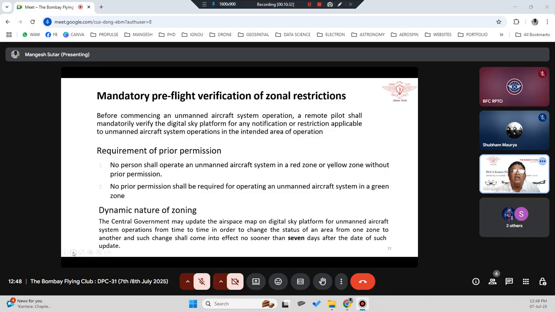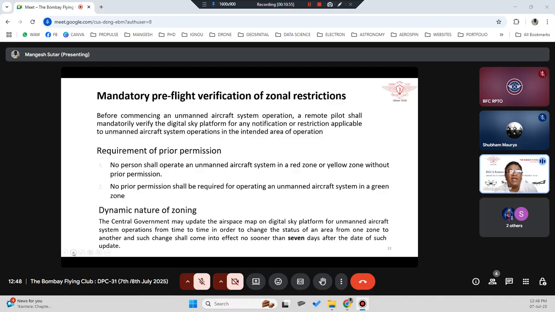Even in a green zone, there are restrictions depending upon where you are flying. For example, my resort belongs to a green zone, but that doesn't mean anybody can come to my resort and fly a drone. Even villages belong to a green zone, but you can't fly a drone there without permission. So if you are flying drones in a green zone also, you have to take approvals.